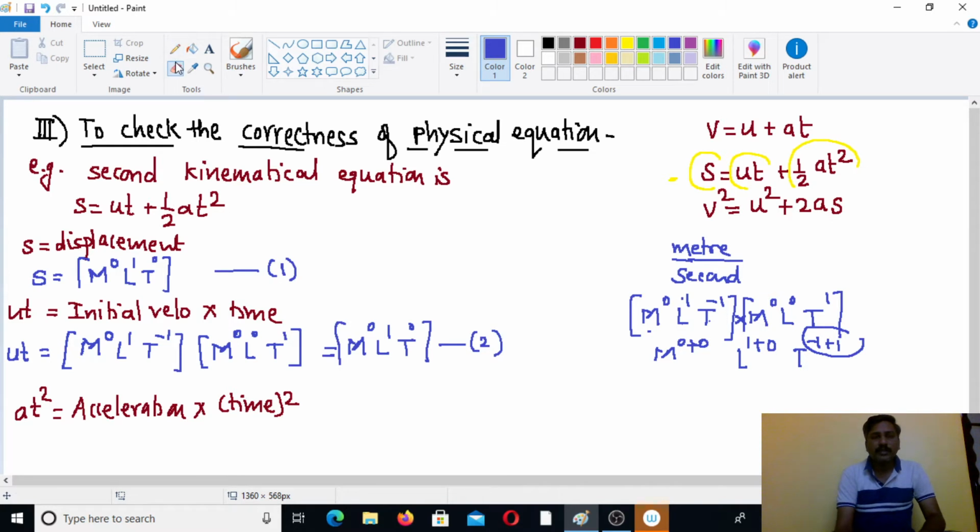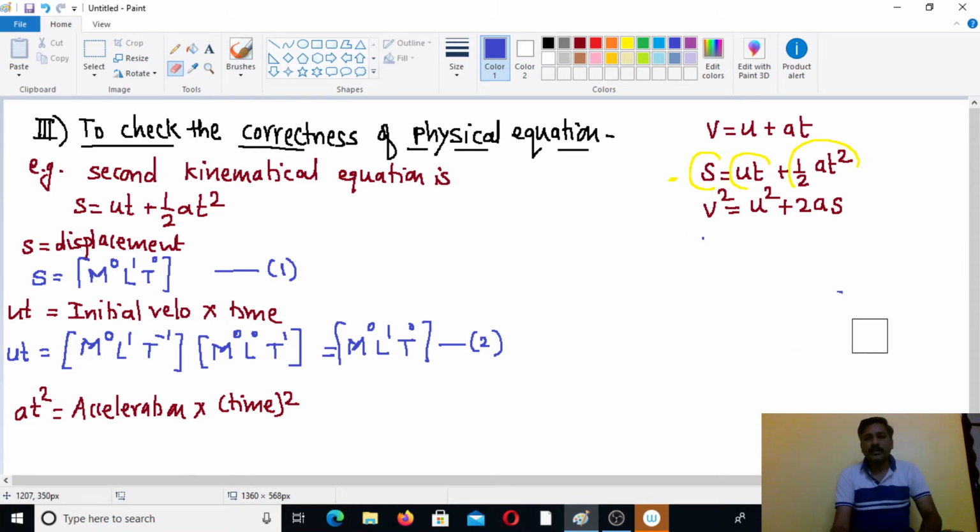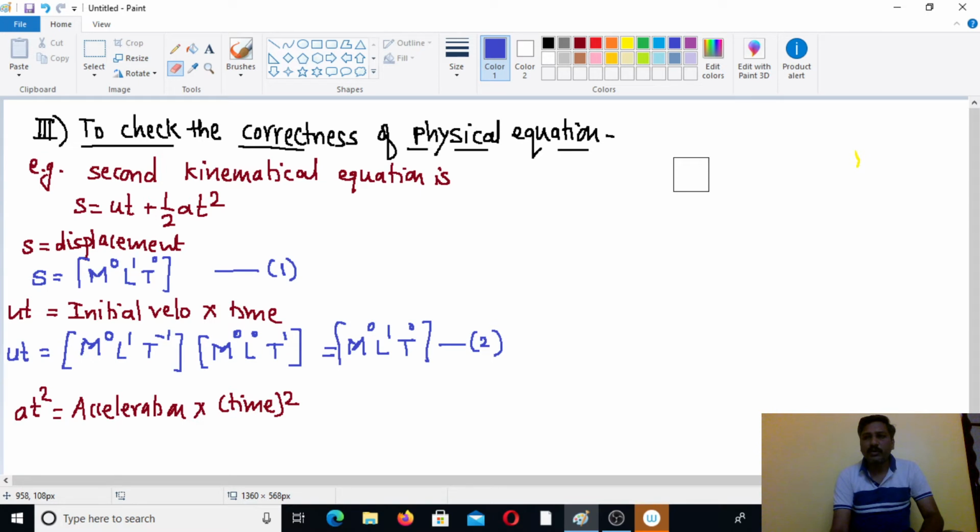Now come to the next part. In the next part, the only term remaining is half of AT square. Half, 1 by 2, is a number. The dimensions are only for the physical quantities. So I calculate the dimensions of AT square. AT square means acceleration into time square.